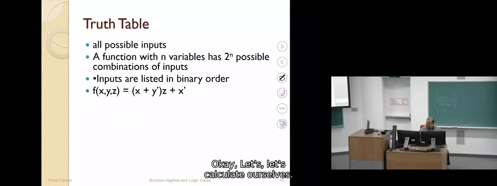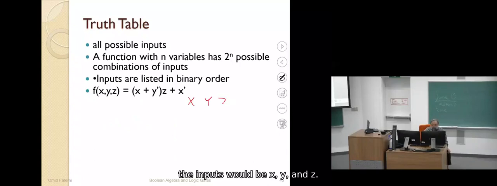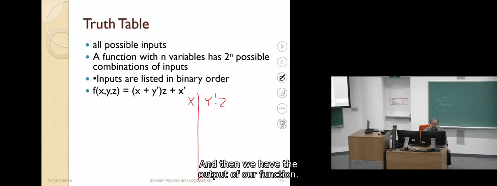Okay, let's calculate ourselves. So let's draw the truth table. The inputs would be x, y, and z. They are the inputs, and then we have the output, our function.